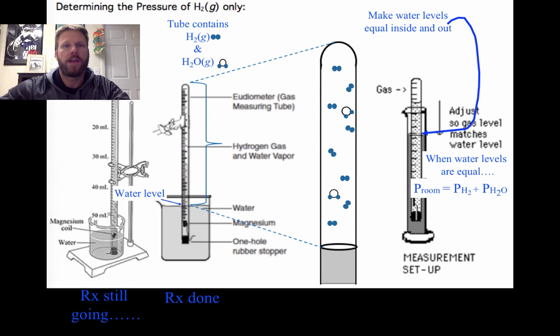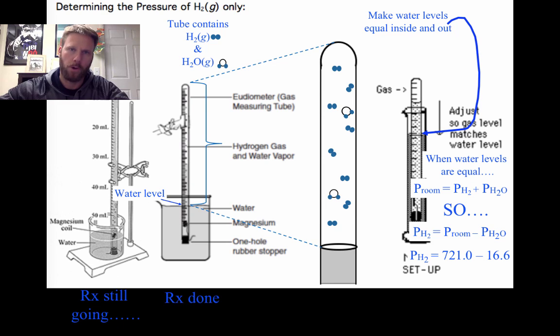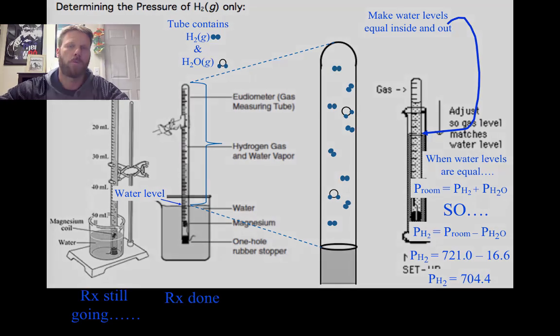Then we know that if we take the pressure of the hydrogen gas plus the pressure of the water vapor, we can get the room pressure, the same as the external pressure, because we will know the water vapor pressure using our table, and we will know the room pressure using the barometer, so we can rearrange that equation to get the pressure of hydrogen gas. So when we did it, we took 721, which was the total pressure, the room pressure, minus the vapor pressure of water, 16.6, and got 704.4.